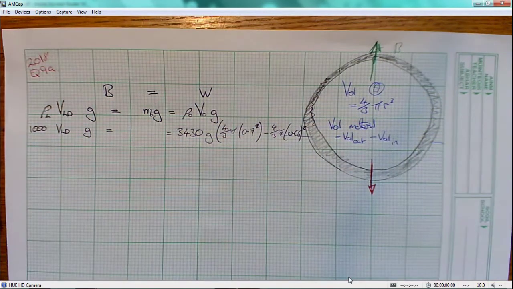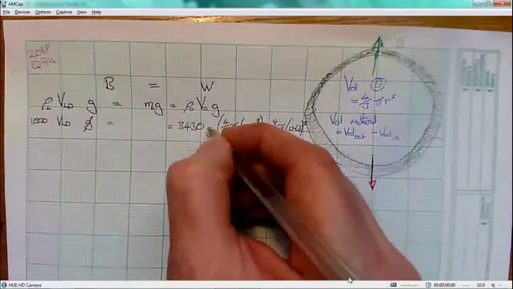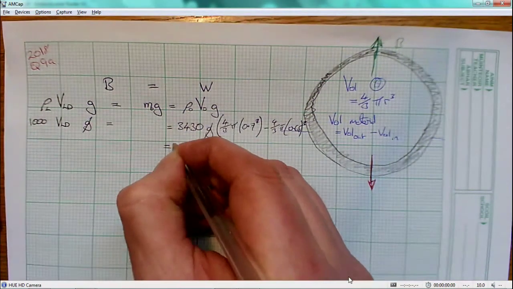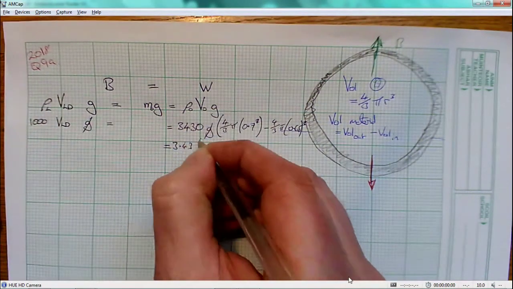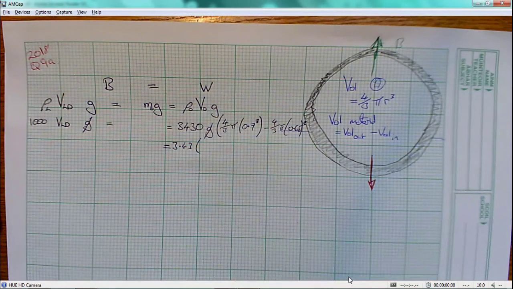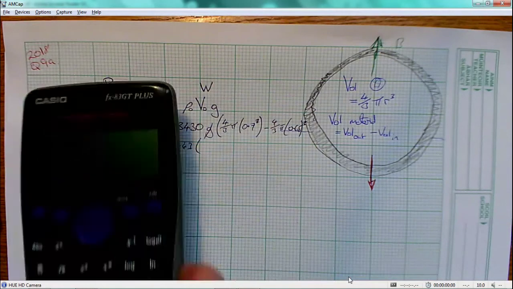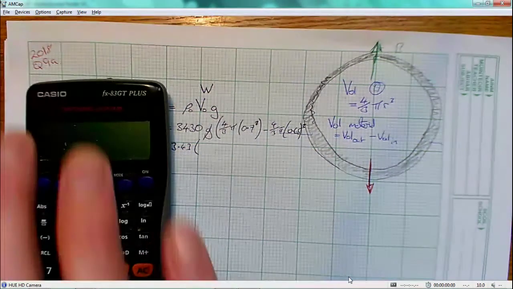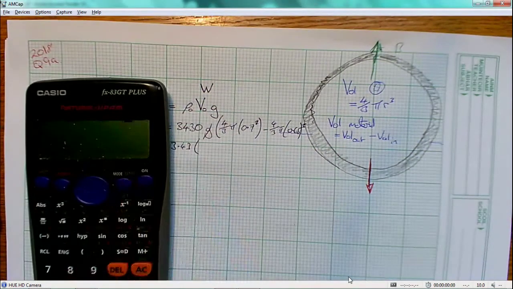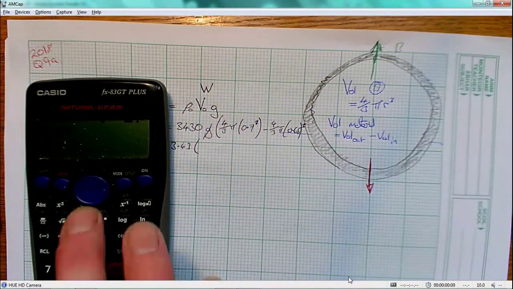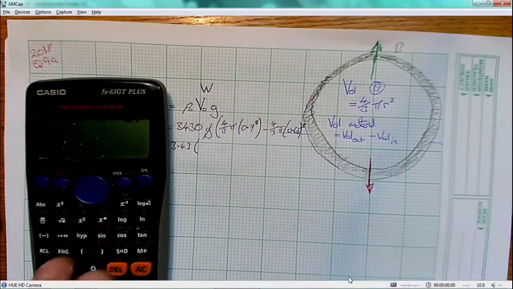So let's just figure out what those volumes are. You'll see instantly the g's cancel, and we just turn this down to 3.43 times 4 divided by 3 and 4 divided by 3 times pi times 0.7 cubed. I'll get that right this time.